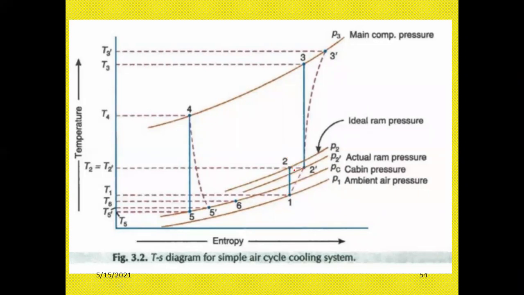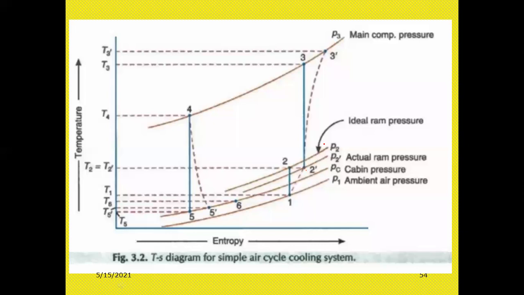Here the deviation you are seeing is the temperature change. Again from 2 to 3, you are having the temperature change from 3 to 4. Again the temperature is reduced from 2 to 4. It is reducing towards the temperature 5. Like this you can see the TS diagram for a simple air cooling system.